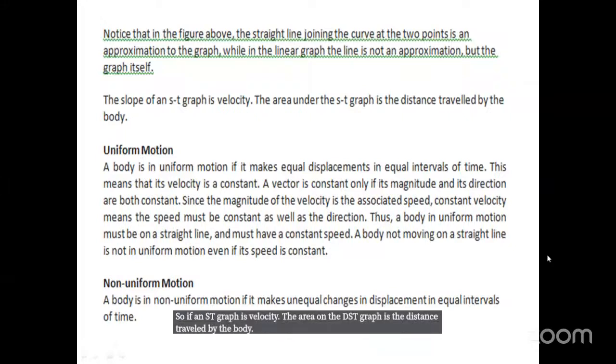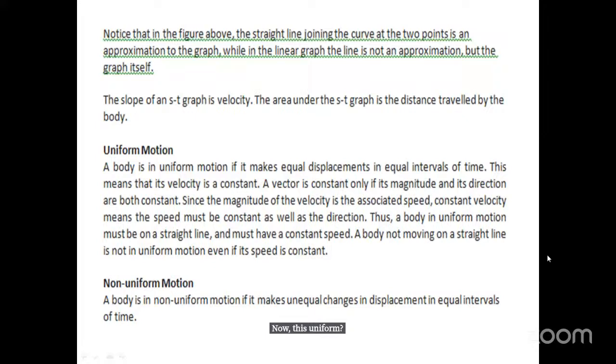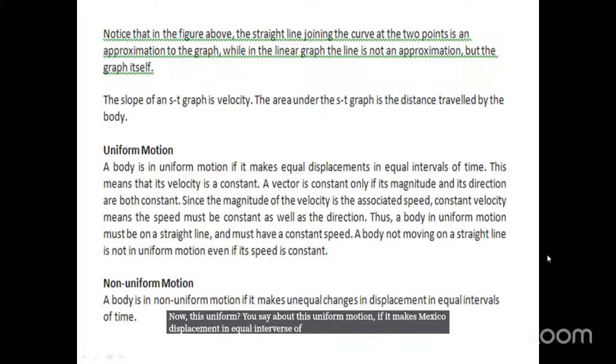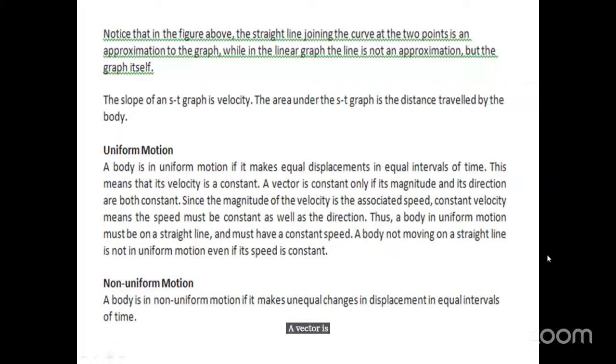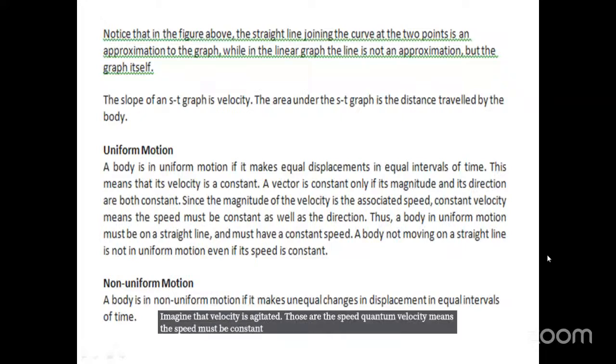Now, what is uniform motion? We say a body is in uniform motion if it makes equal displacement in equal intervals of time. It means that its velocity is constant. Now, a vector is constant only if its magnitude and its direction are both constant. Since the magnitude of the velocity is speed, constant velocity means the speed must be constant as well as the direction.